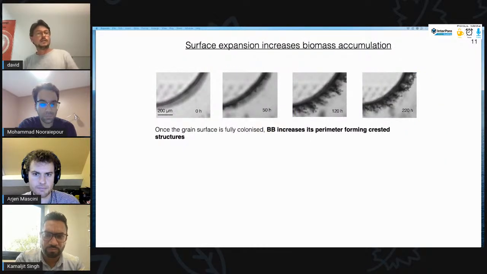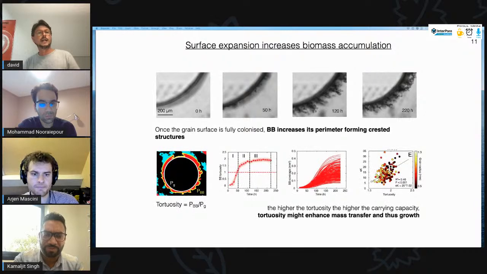We noticed, however, another mechanism which allows the biofilm to gain biomass. Once the grain surface was fully colonized, the base biofilm increased its surface, forming crested structures. So we measured what we call the tortuosity of the perimeter of the base biofilm, defined as the ratio between the actual base biofilm perimeter and the grain perimeter.